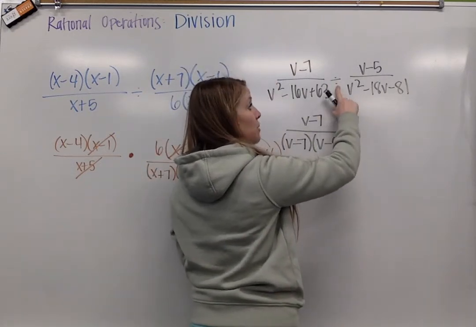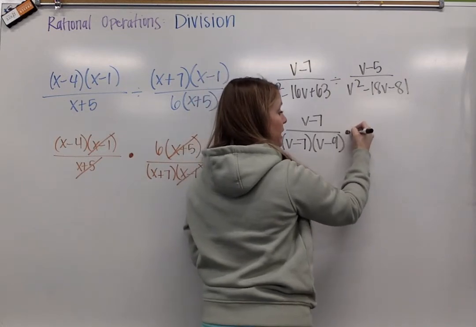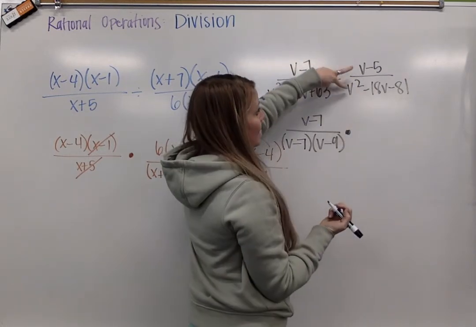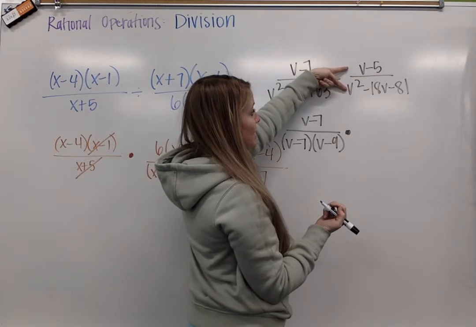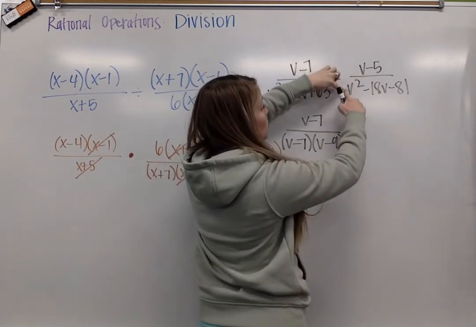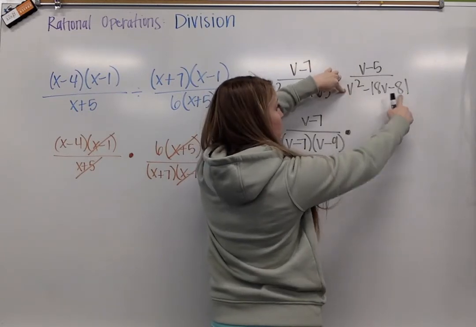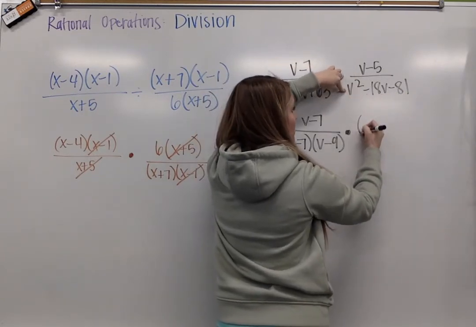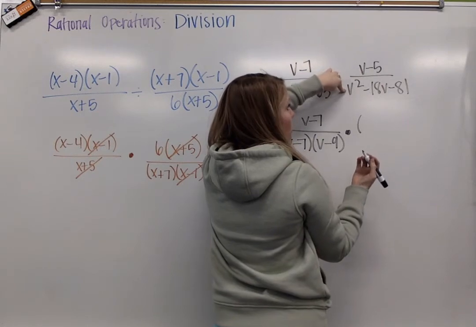Copy. Now I'm going to change my division to multiplication. And I'm going to do the reciprocal of my second fraction. While I do that, I'm going to factor. So my denominator, factors of 81 that add up to negative 18.